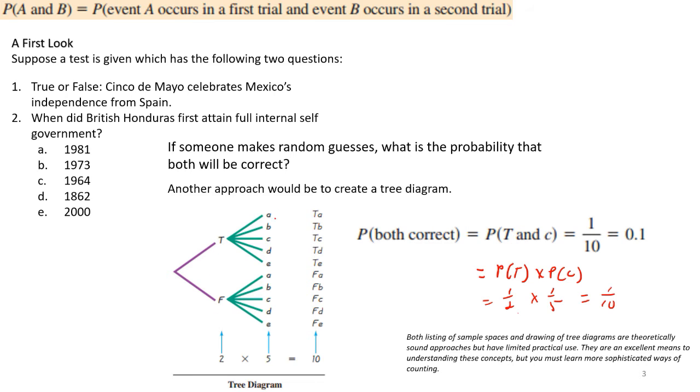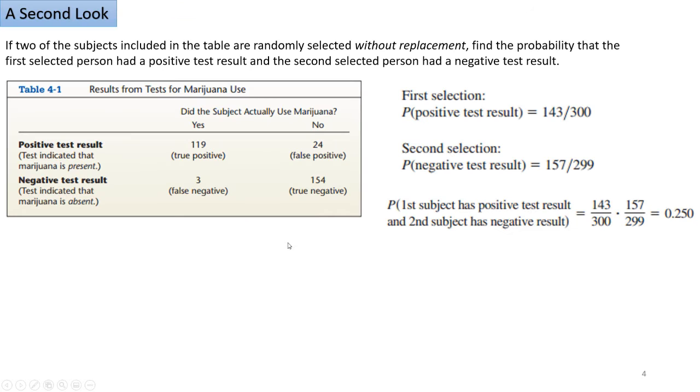Notice, if you pick true, it's A, B, C, D, E. If you pick false, it's A, B, C, D, E. Now, if there was a difference, like if you picked false, you only could pick A, B, and C, and if you pick true, you had to pick from C, D, and E, then that would make things a bit different, because then the second event would depend on the outcome of the first event. So that's not the case here. So these events, picking true or false, picking from A to E, are said to be independent events.